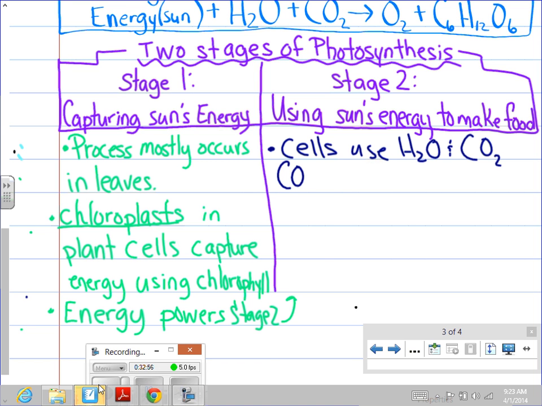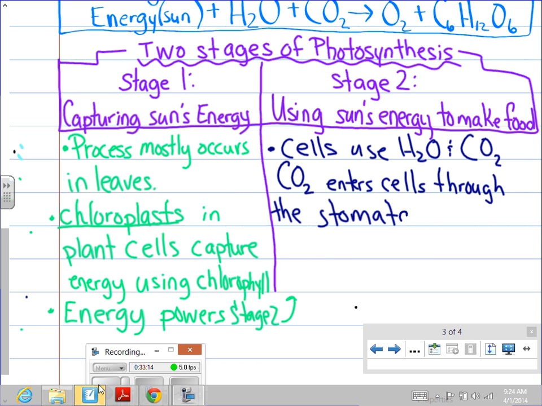Here, your carbon dioxide enters cells through a part of the cell called the stomata. That's within the cell.